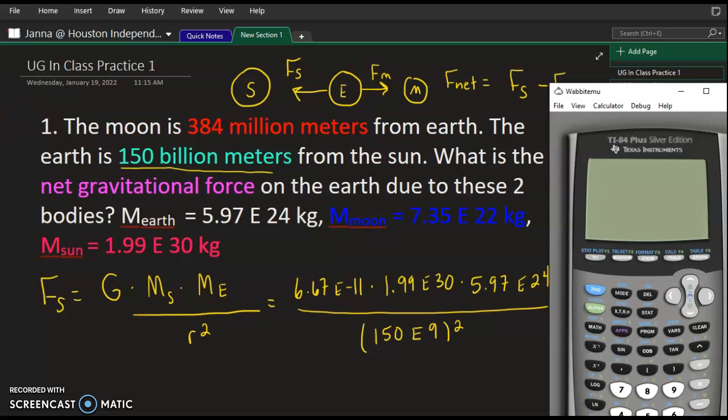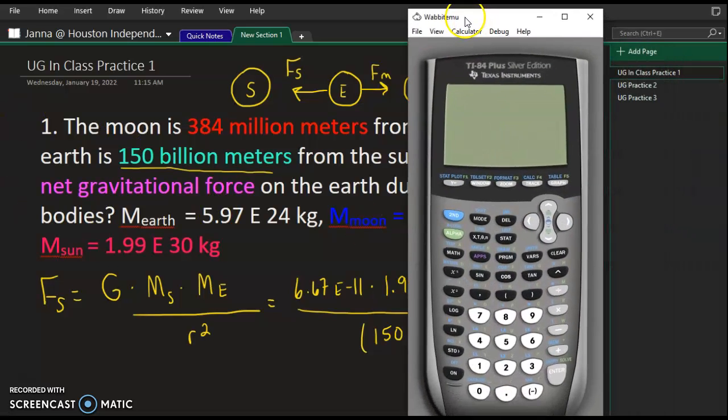Okay, I'm going to grab the calculator here, so hopefully you can see that. Turning this on, 6.67.